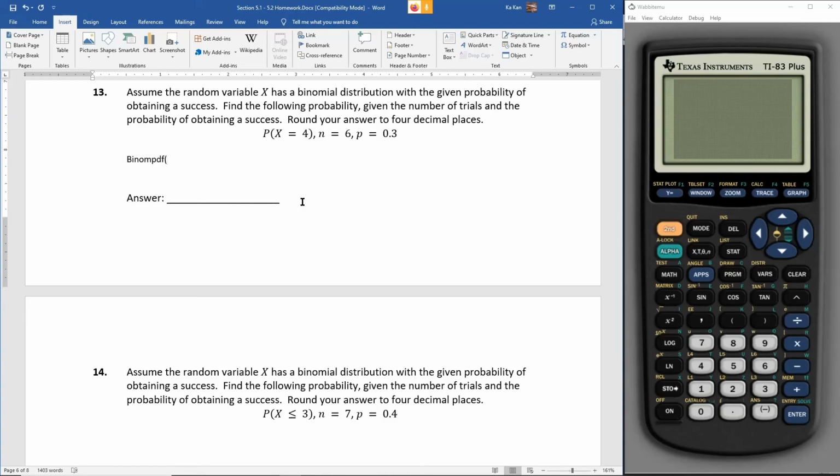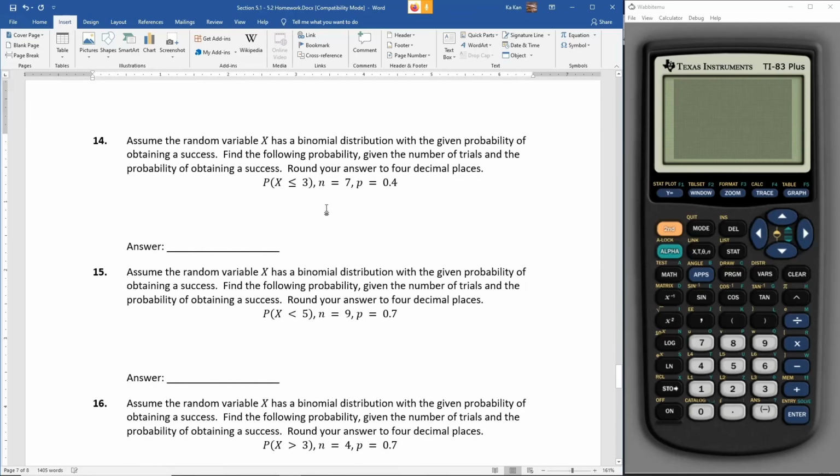Remember, exactly is PDF. And there will be 6, 0.3, 4. I'll put that in the calculator and you should get it. So remember, PDF means exactly. Over here is less than or equal to. So x is less than or equal to 3.